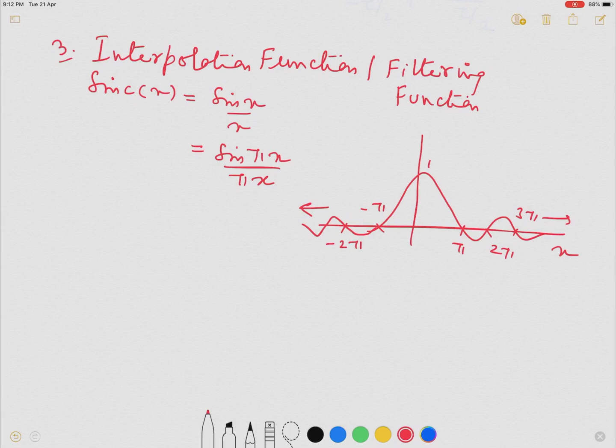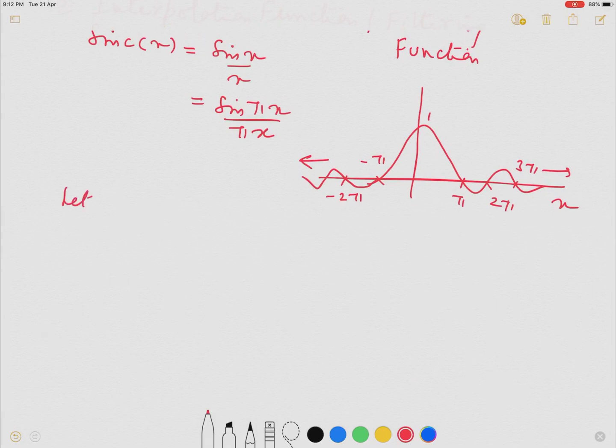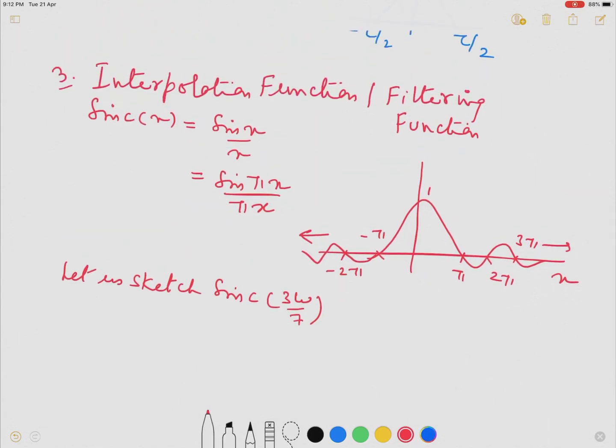Now again let's do a simple exercise of expansion. Let us sketch sinc of 3 omega by 7. For sketching, we need to know from the above function that sinc of x is equal to 0 for x equal to plus minus n pi, that is plus minus pi, plus minus 2 pi, plus minus 3 pi and so on.